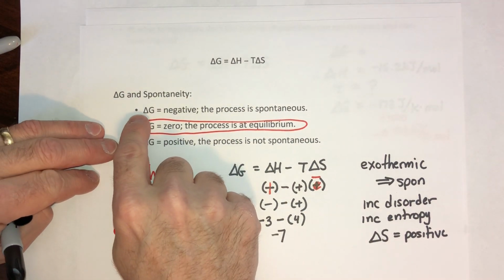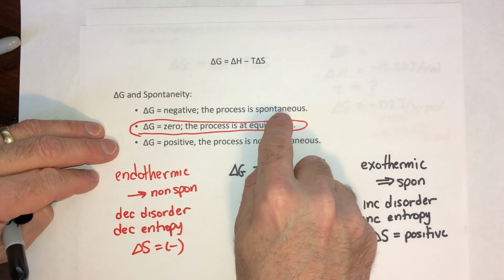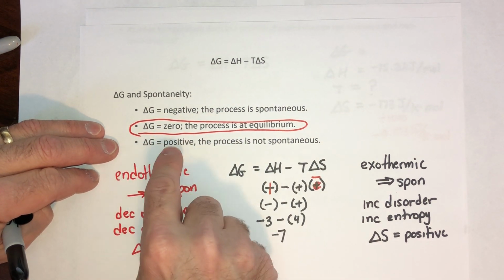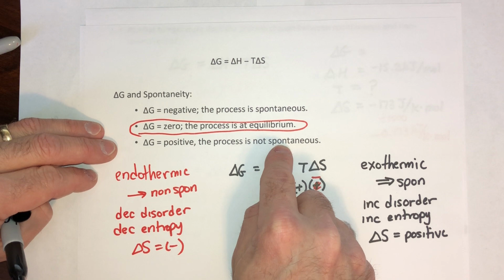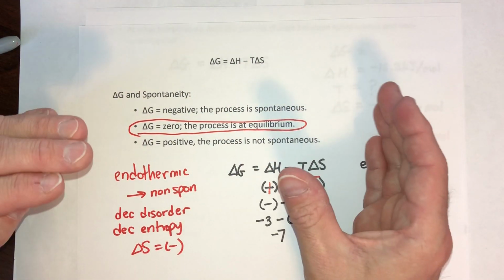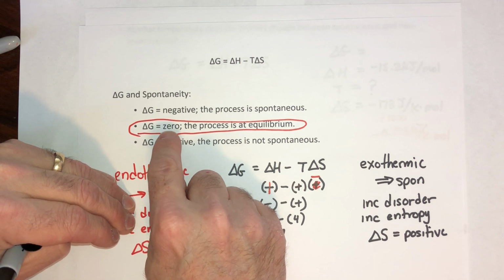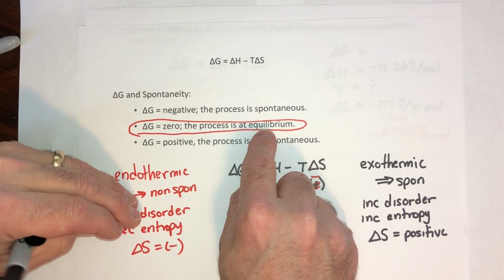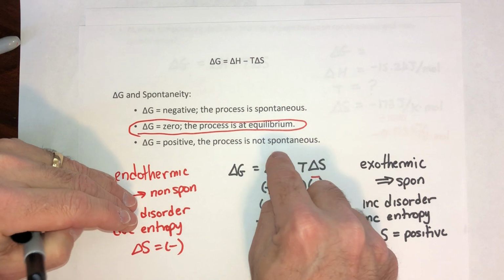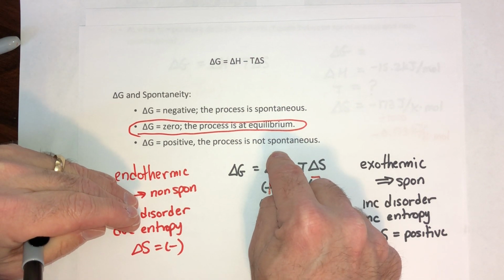Remember how we said delta G, when it was negative, you were spontaneous. When the delta G was positive, you were non-spontaneous. And we talked about the transition happening when your delta G is 0. When your delta G is 0, you're at equilibrium, right? You're not really spontaneous, you're not really non-spontaneous. That's the transition.